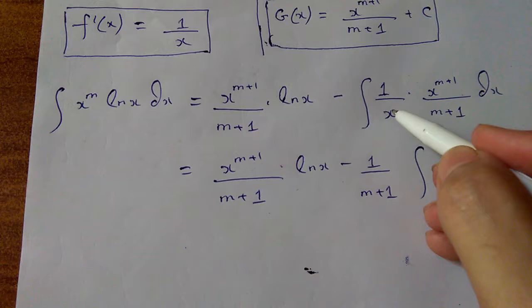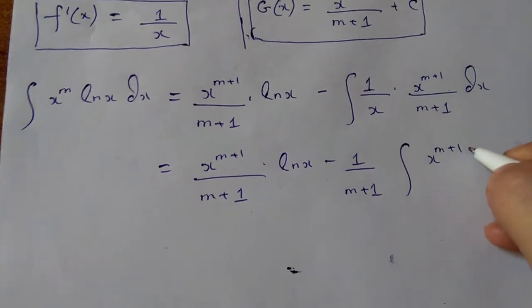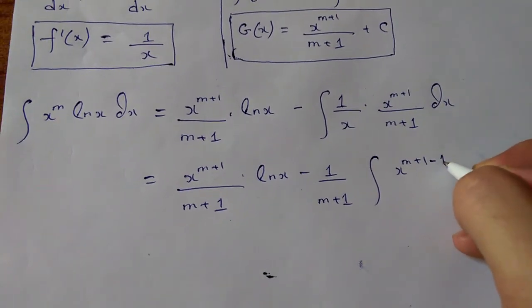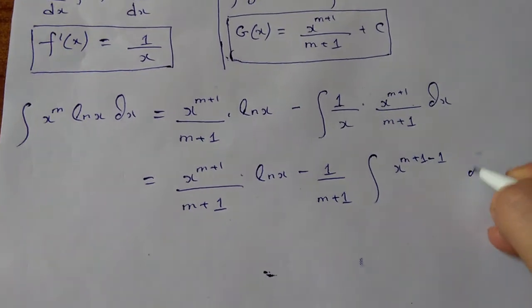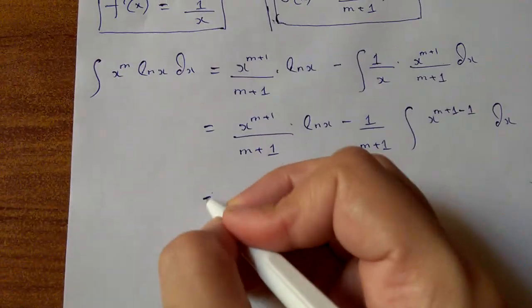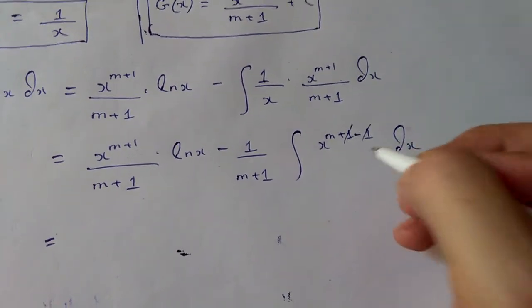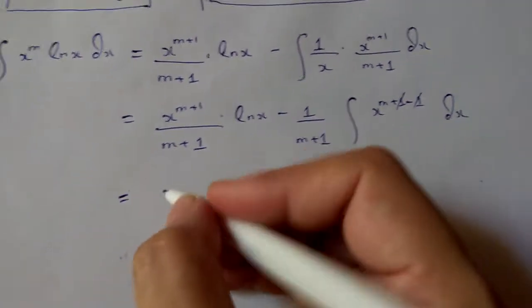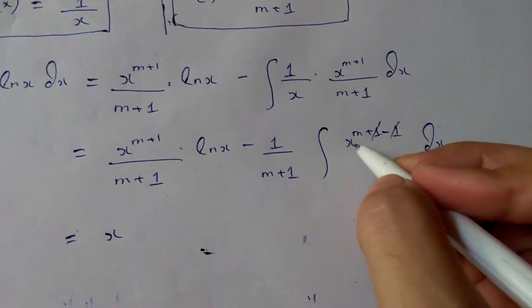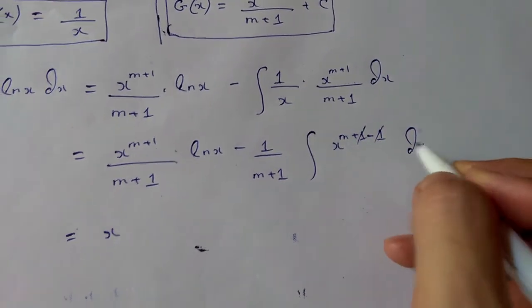And this x having power 1, when it goes upwards, this power is going to be written with the opposite sign. So this one and this one will get cancelled because of the opposite signs, and you're going to have simply the integral of x power m d of x.